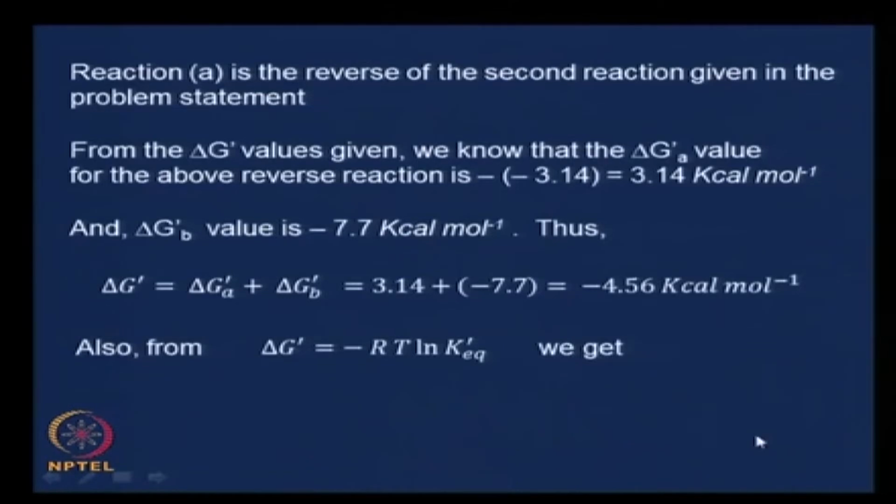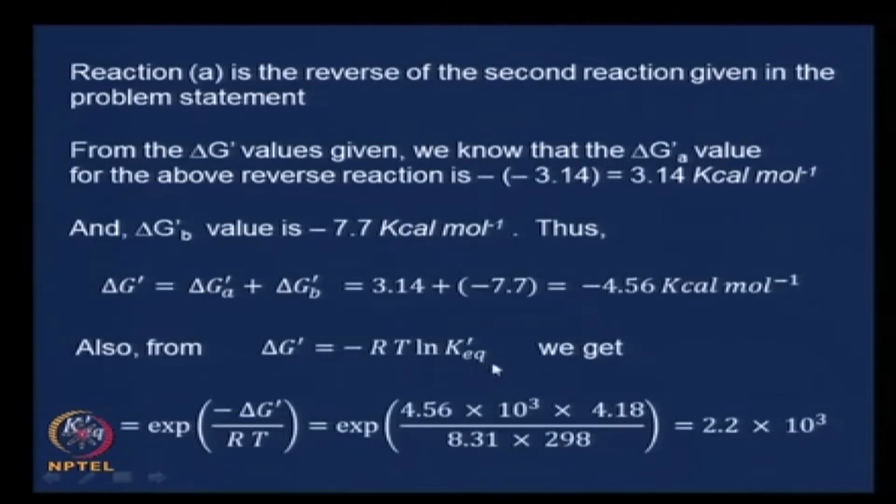From this we can get the equilibrium constant that we are looking for: exponential of minus delta G dash by RT. Substituting the values, we get exponential of minus delta G dash, which is 4.56 into 10 power 3 calories per mole, multiplied by 4.18 to convert it into SI units, divided by 8.31, which is R in SI units, times 298 Kelvin, 25 degrees C, and that works out to be 2.2 into 10 power 3.